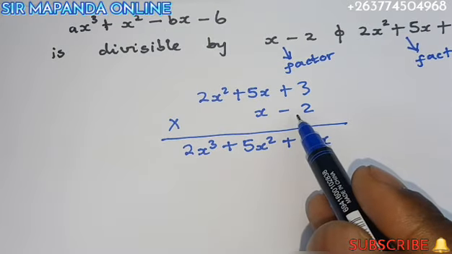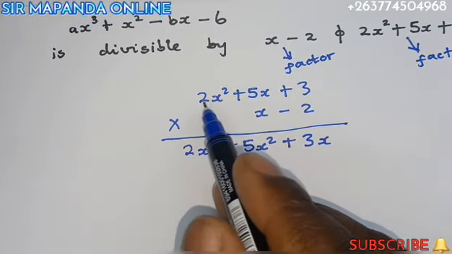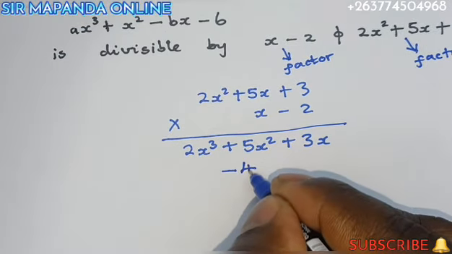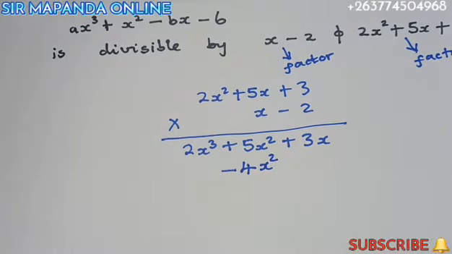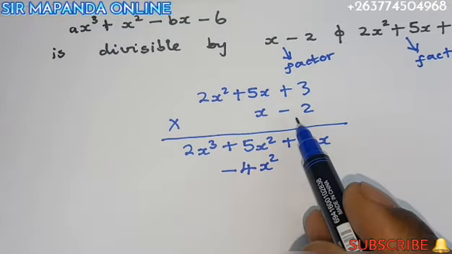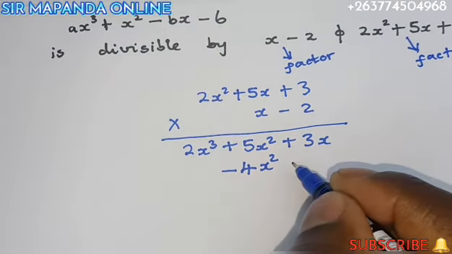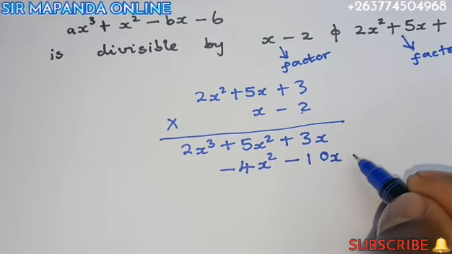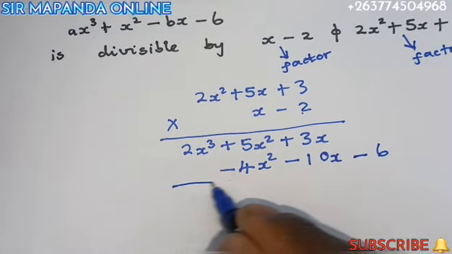Now multiplying with minus 2. Minus 2 times 2x squared, you get minus 4x squared. So minus 4x squared must be aligned with 5x squared since they are like terms. Then minus 2 times 5x, you get minus 10x. Minus 2 times 3, you get minus 6.